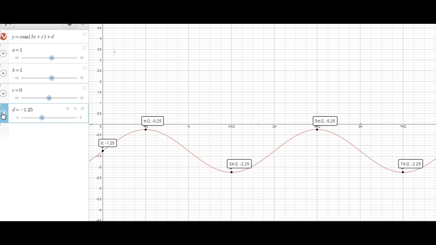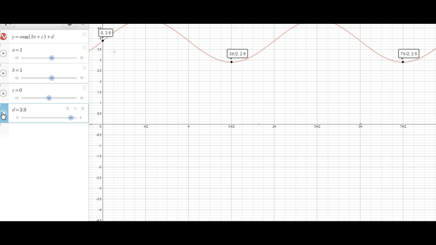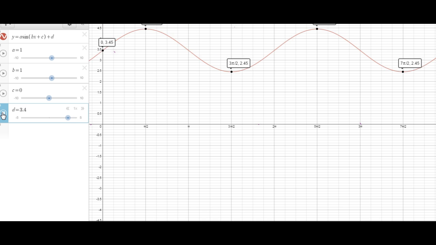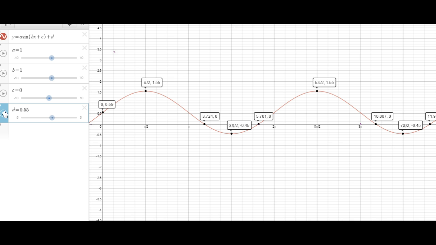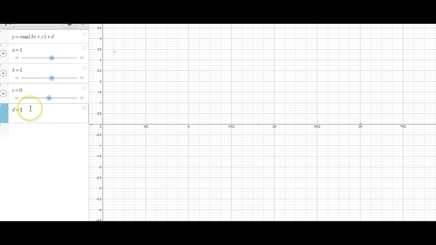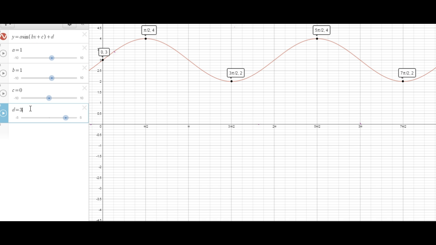So the D value in this equation changes what? The height, but what's changing? So where did we say here? Let me just stop it. The midline was at 0. Where's the middle now? 0.5. Let me change it here to a nicer number. If I make the D value 3, where's the middle? It's at 3.